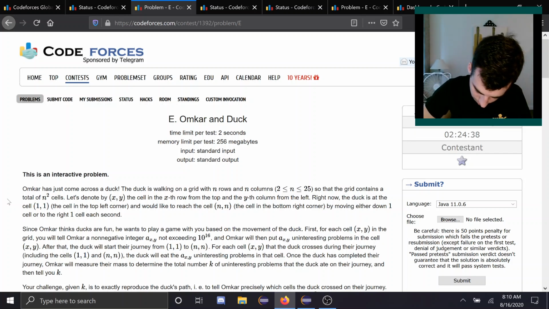So we want to make the top row all zeros. Might as well make the right row all zeros as well.